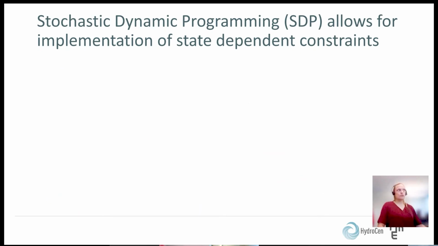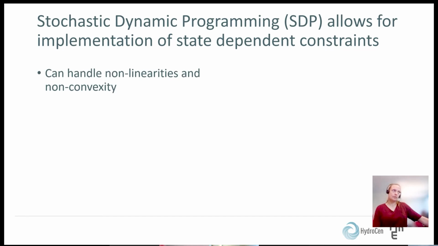In my work, I've chosen to develop a model based on stochastic dynamic programming, which is not necessarily the same method that is used in the operational models of this type, but it's a method that allows for implementation of state-dependent constraints, and it's therefore very useful for my work.